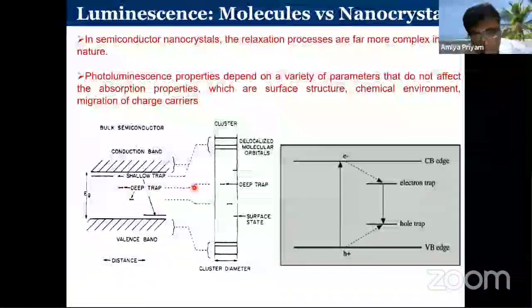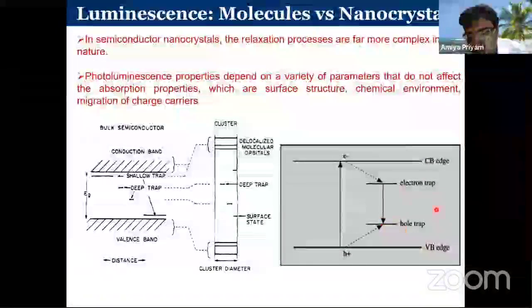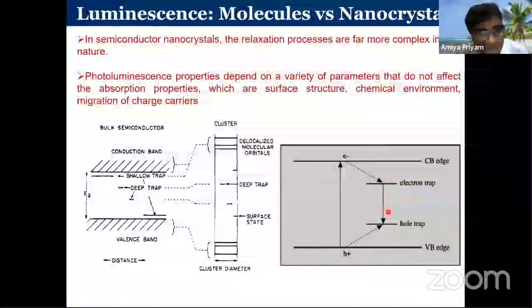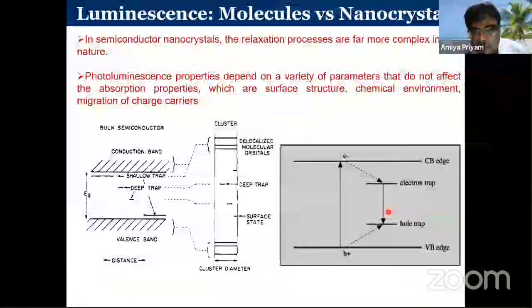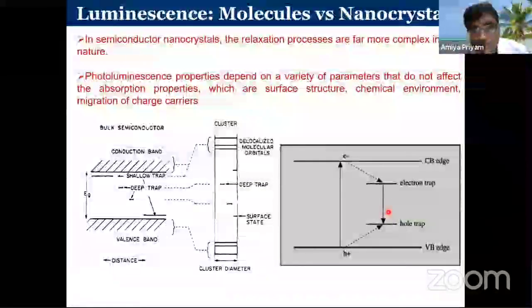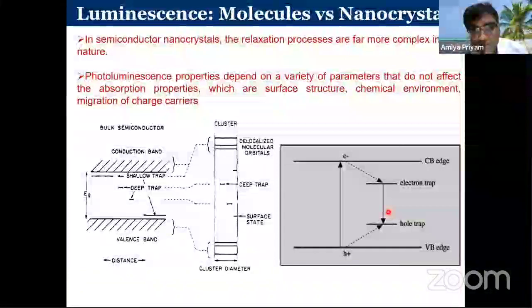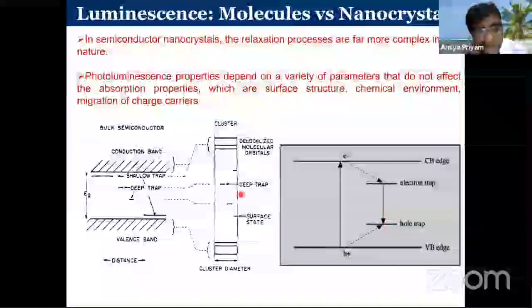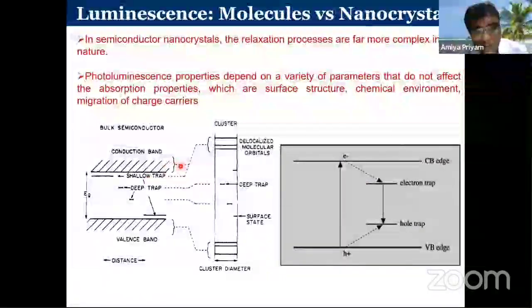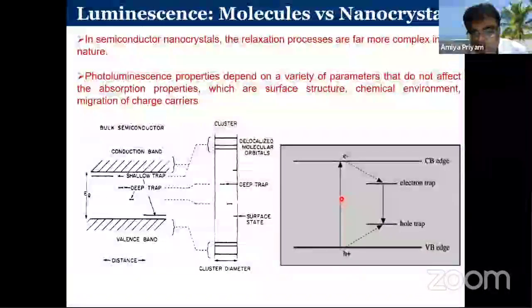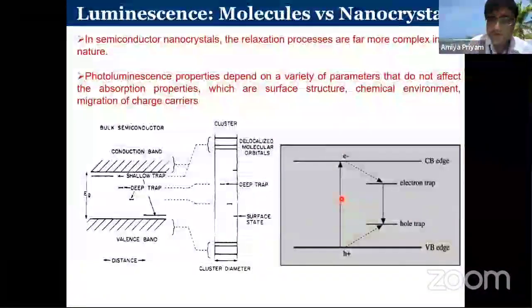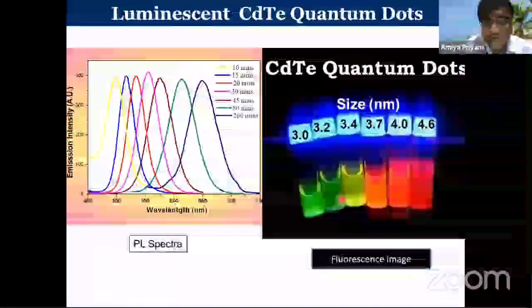There will be deep and shallow trap states, and if they capture the electrons and holes, then the radiative recombination of the electron and hole won't occur, and you will have a problem. So you need to get rid of these unsatisfied coordinations. We also call them dangling bonds on the surface. We have to get rid of them to get an enhanced fluorescence yield, quantum yield.